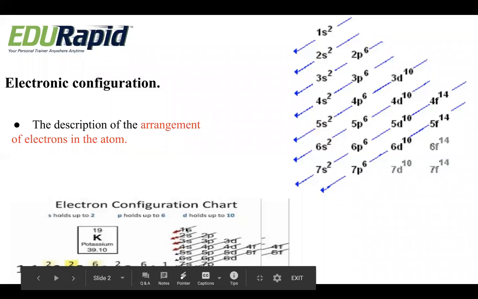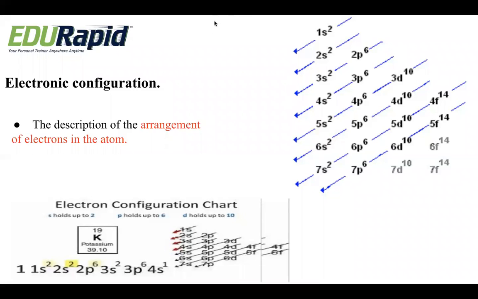The electrons will occupy the subshells based on the diagonal rule. What you are seeing in the diagram on the right side is called the diagonal rule. What do we mean by the diagonal rule? It means that the electrons will occupy the lowest energy shell first. Which is the lowest energy shell here? 1s2, the top one. So electrons first occupy 1s2.